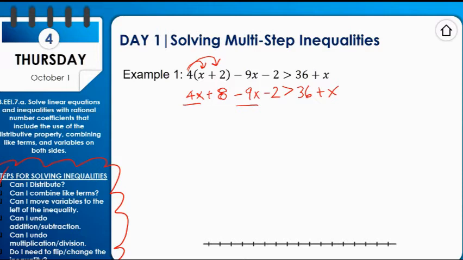So those terms are alike. So 4x minus 9x becomes negative 5x, plus 8 minus 2 becomes plus 6. Bring down everything else.